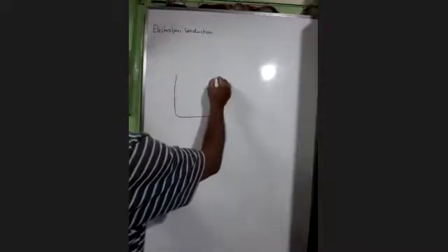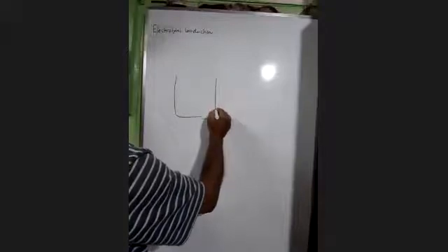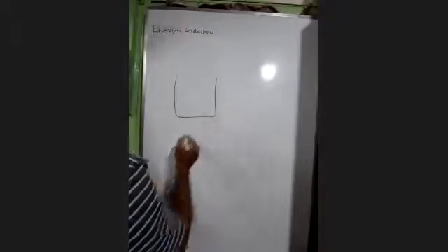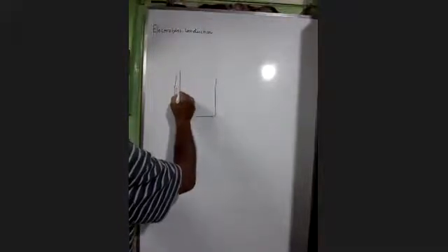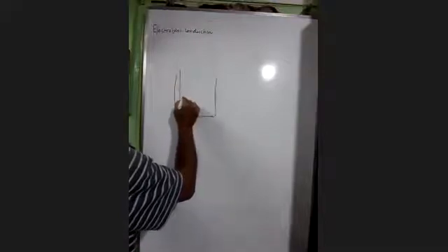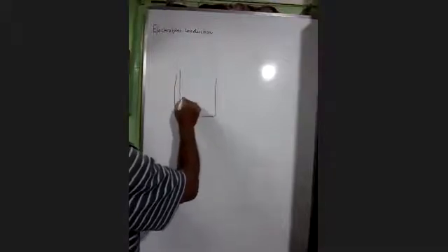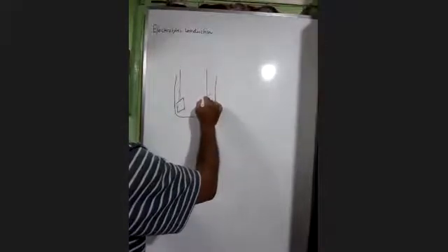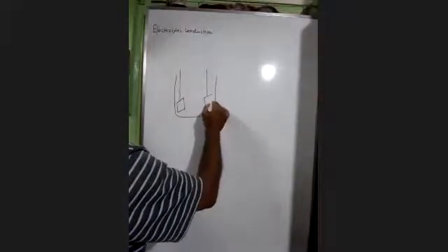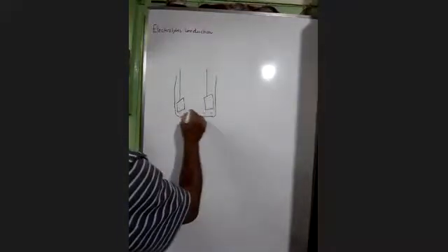In electrolytic conduction, we take a container made of glass or any other insulated substance. Here you can put two electrodes. This electrode can be a rod also, plate also. Let me put a plate. And here you will have electrolytes.